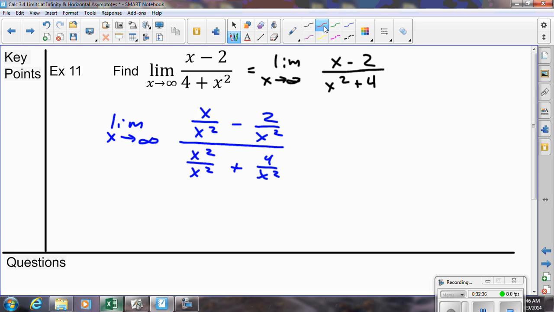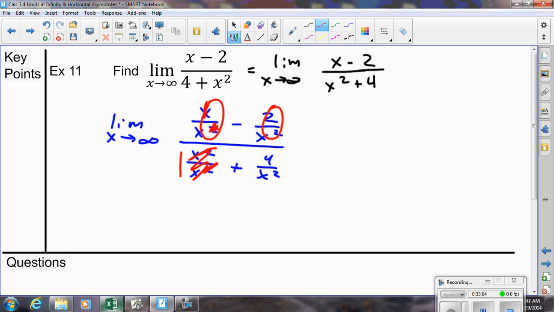When we look at each of these pieces, what are all of them going to? What is x over x squared approaching? That's going to be 1 over x, and 1 over x, you're correct, is going to 0. 2 over x squared, that's 0. x squared over x squared, that's 1.